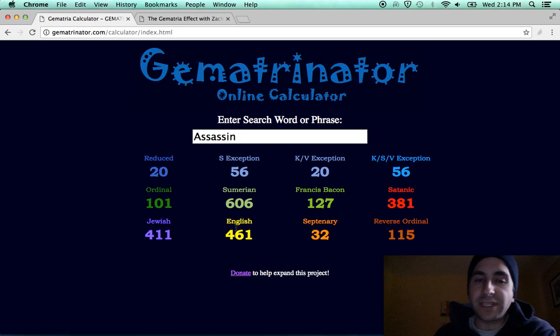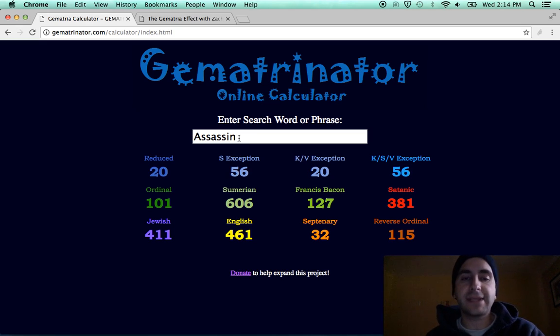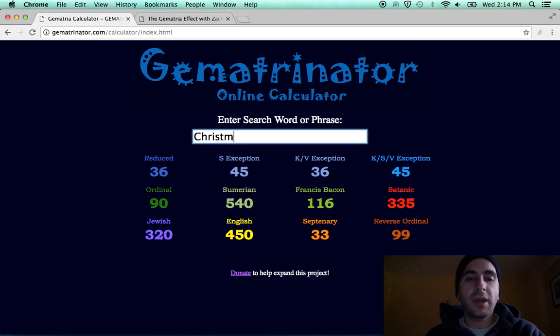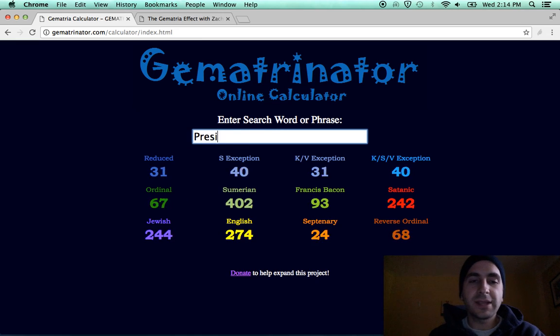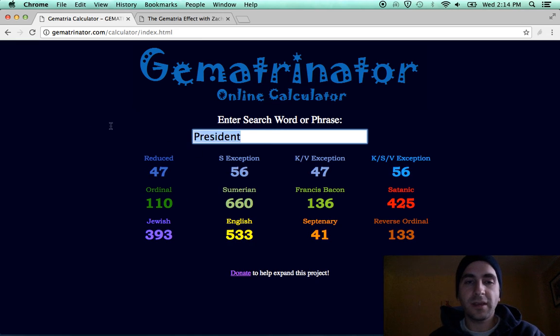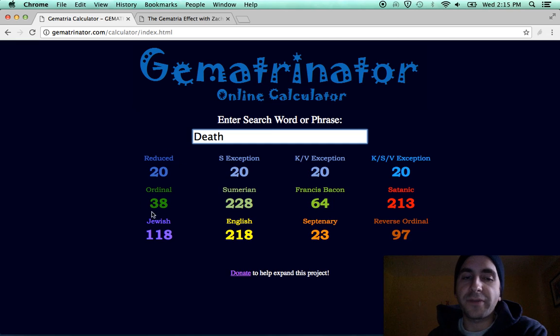The episode came out Christmas Day, foreshadowing a bootlegging family getting busted. 411 Elm Street. The Kennedys were a bootlegging family. JFK assassinated from 411 Elm Street. And again, Christmas, notice the 38 and 110, similar to president. And with regards to foreshadowing death, Christmas 38, death 38.